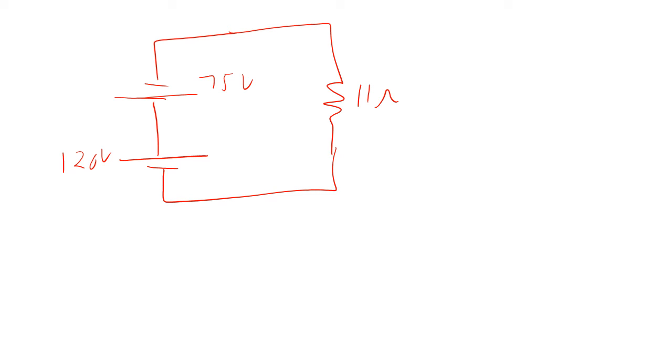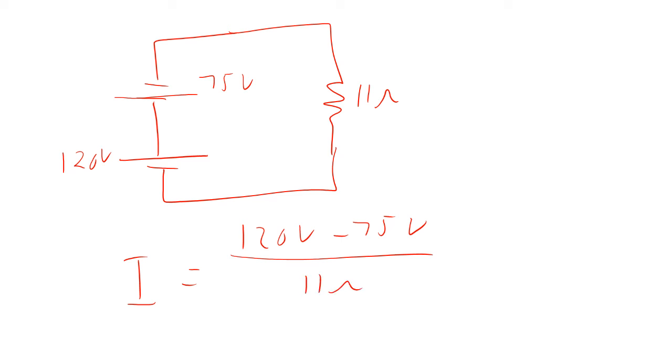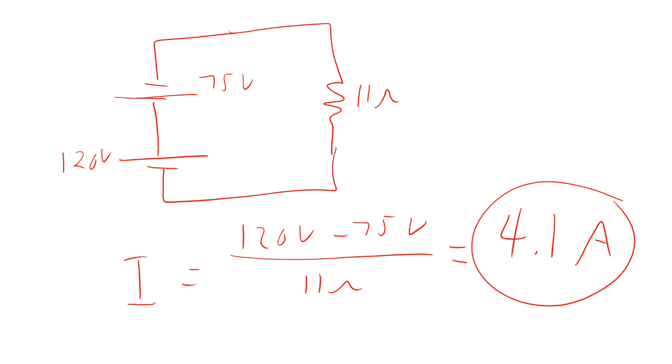And so if you work that out, then the current is going to be 120 volts minus 75 volts divided by 11 ohms. And so that's going to equal 4.1 amps.